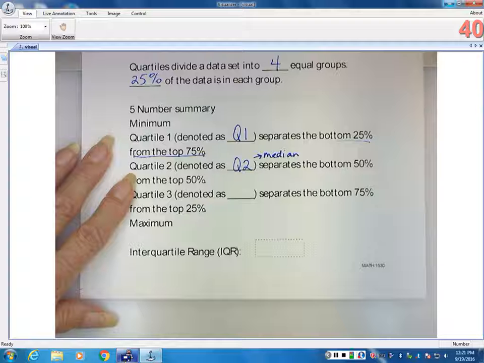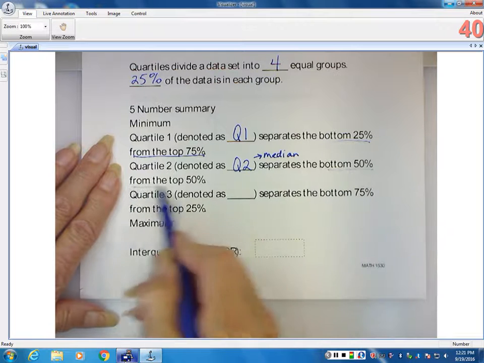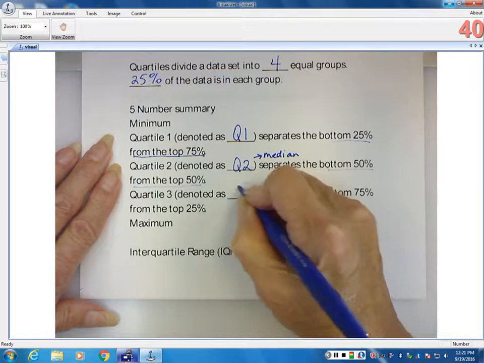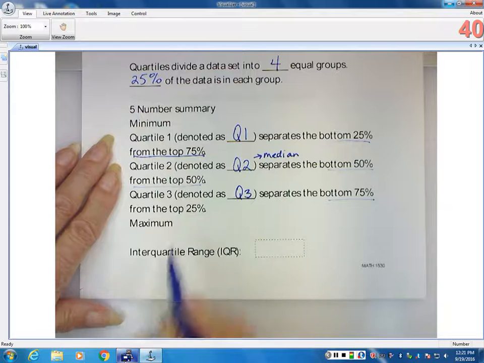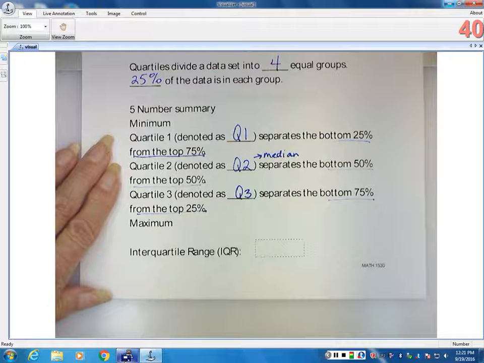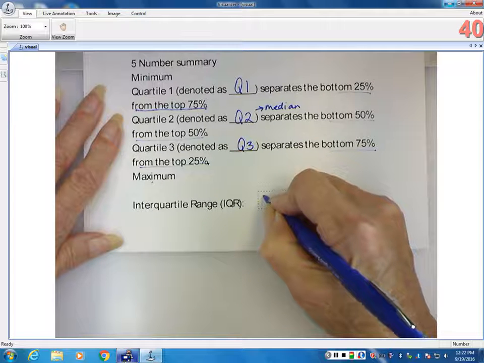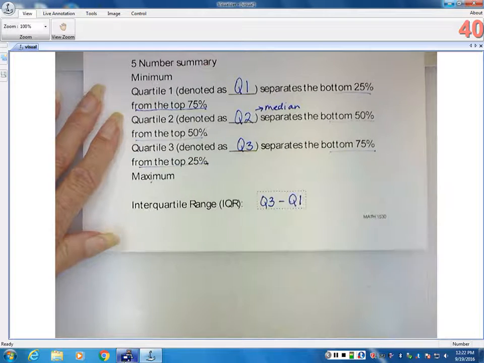It's the 50th percentile. Separates the bottom 50% from the top 50%. And then quartile 3 is called Q3, and it separates the bottom 75% from the top 25%. And then you have the maximum. And your interquartile range is Q3 minus Q1.